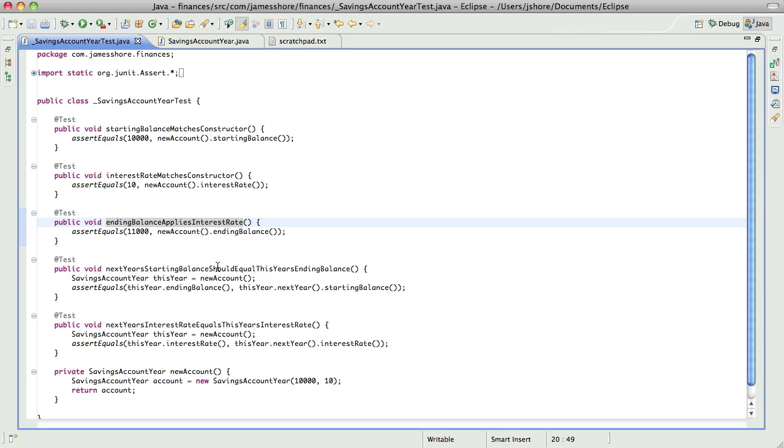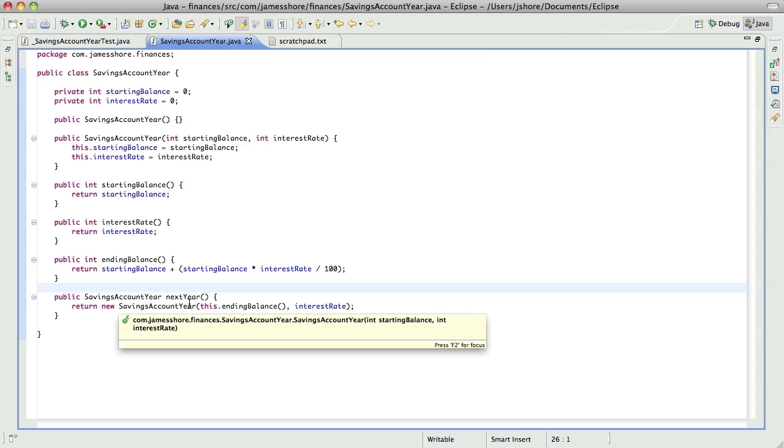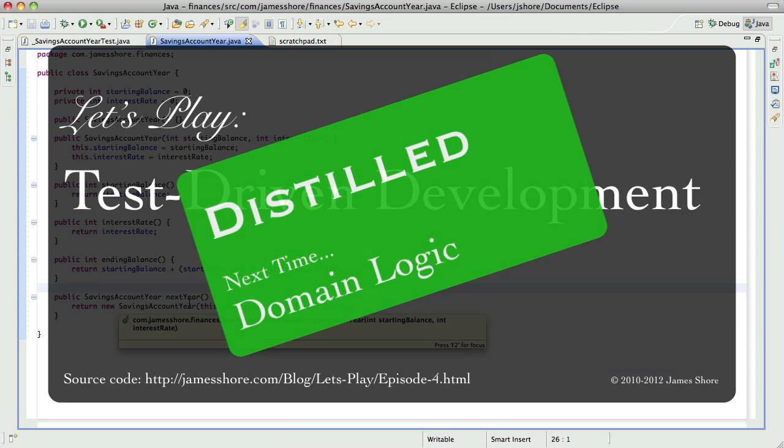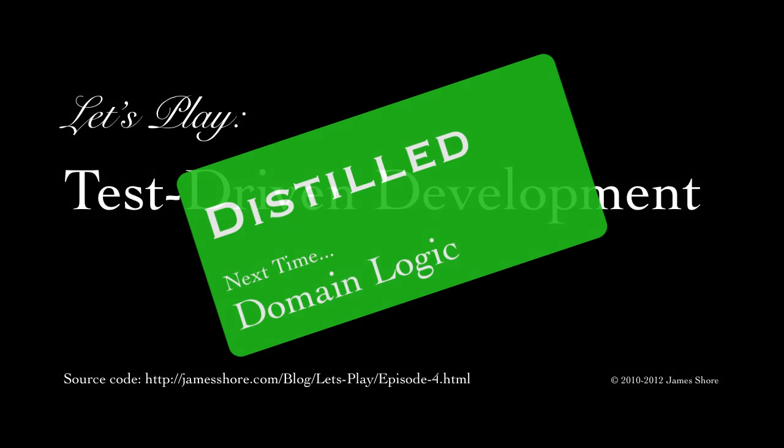And next year's starting balance equals this year's, next year's interest rate equals this year's interest rate. Okay, so what do we have left? Well, capital gains. Okay, everything's nice and clean. So let's go ahead and get the capital gains in there. So how do we want to approach that? Well, let's start with a test.